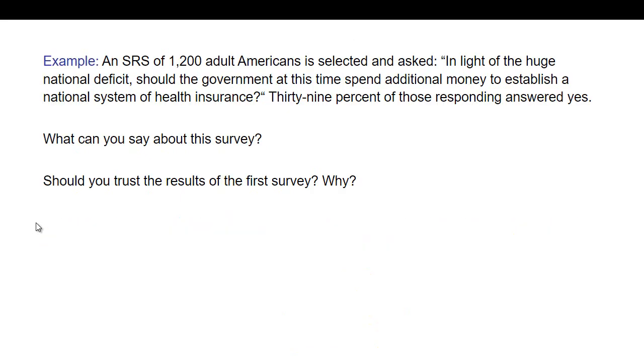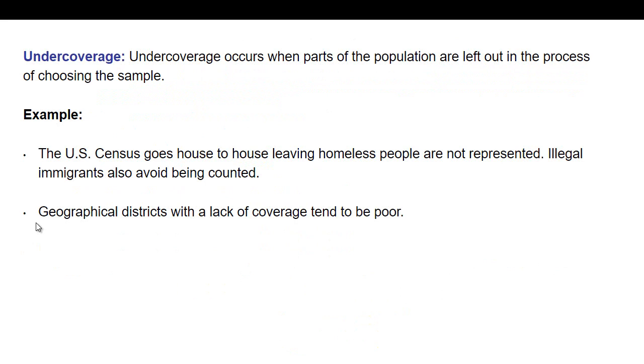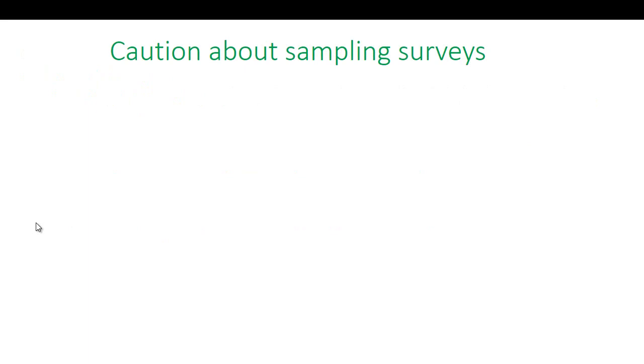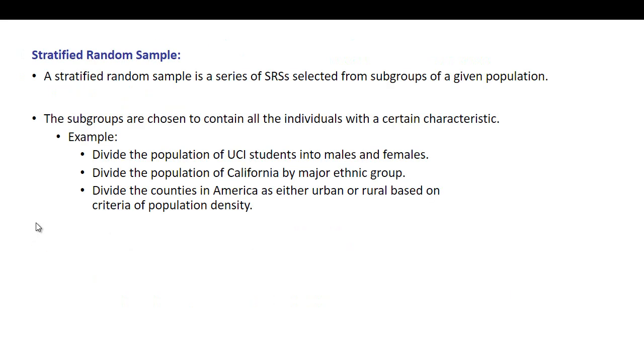Okay, so again, we looked at a couple of sampling methods, and the sampling method that one should use would be random sampling. Within random sampling, we can look at simple random samples, or stratified random samples, where we pick simple random samples from subgroups of the population.